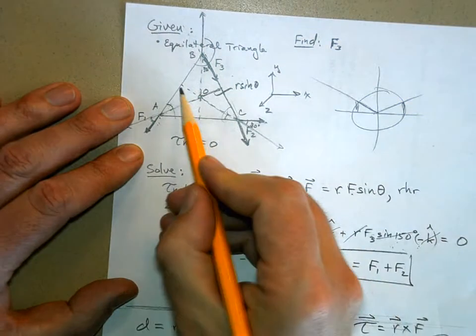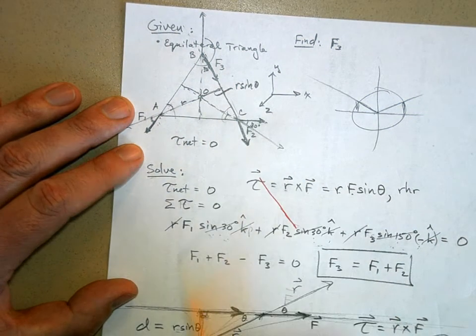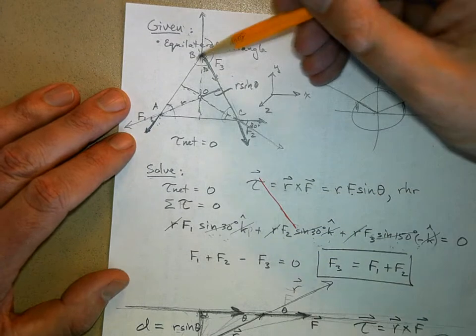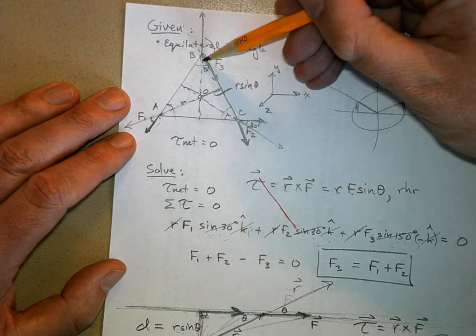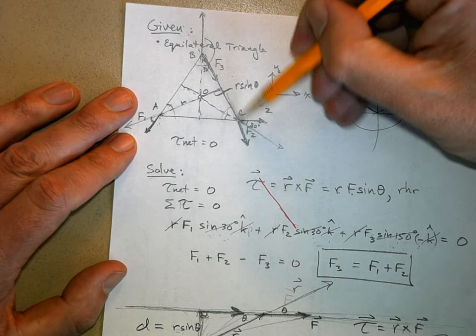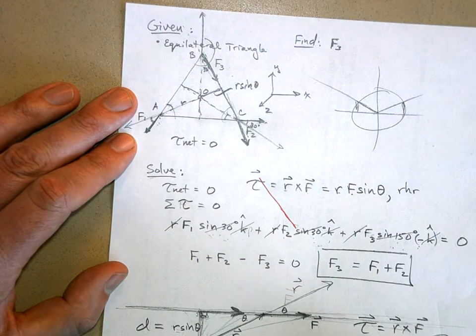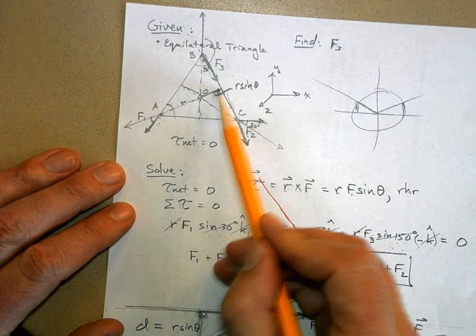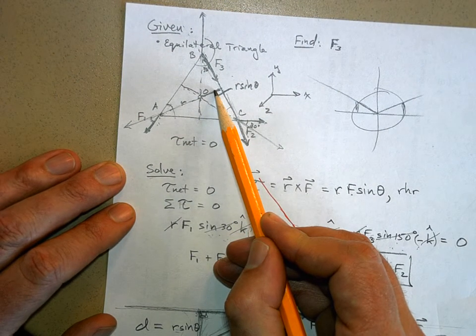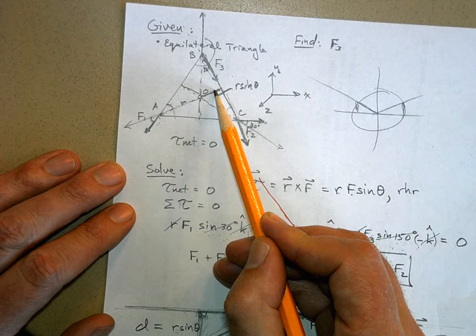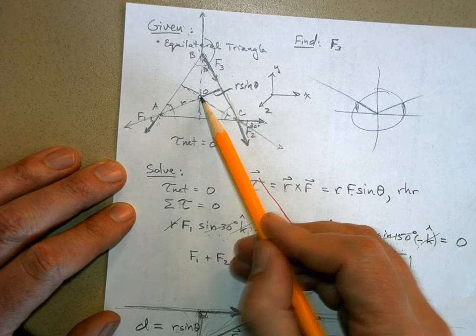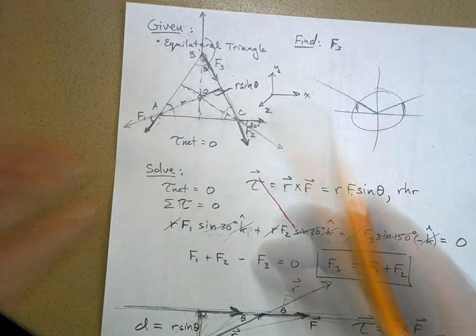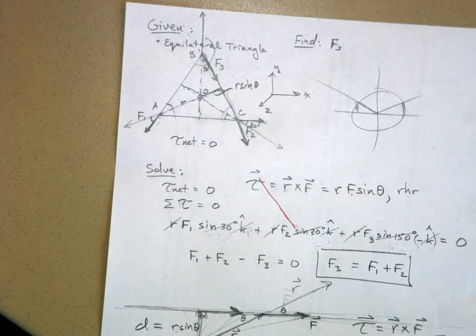In fact, that's r sine theta, and this is r sine theta. So it doesn't matter where you apply F3 along this line. The r sine theta will be this amount. It'll be fixed. It won't change. And since the force isn't changing, and the r sine theta isn't changing, the amount of torque isn't changing. So it doesn't matter.